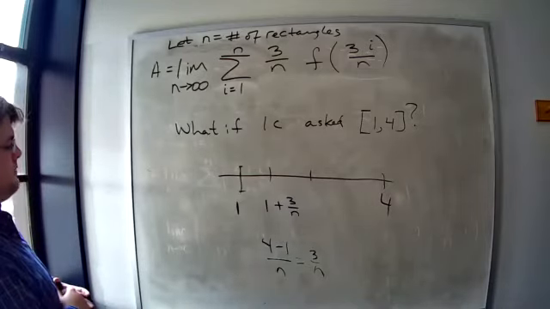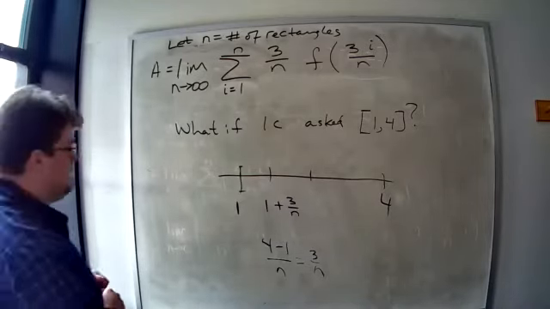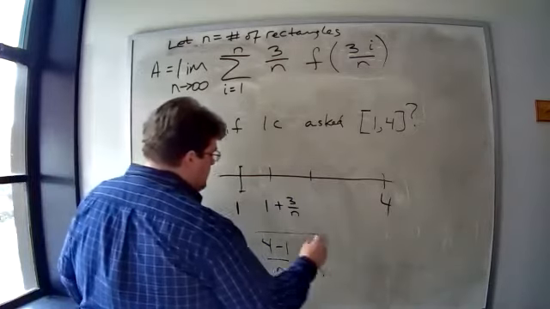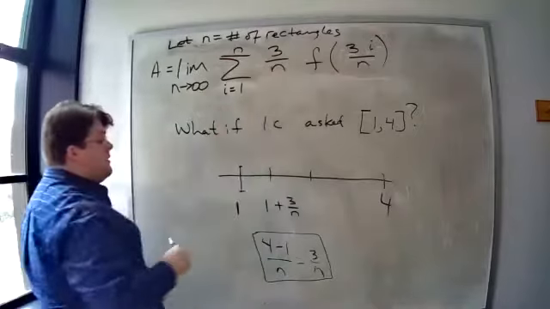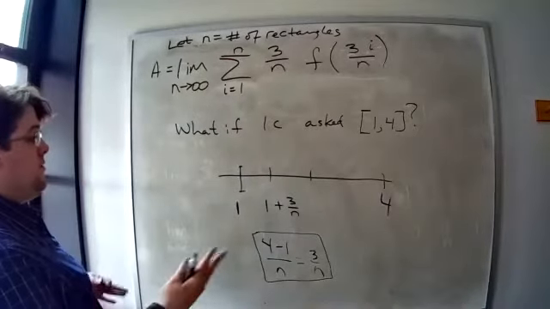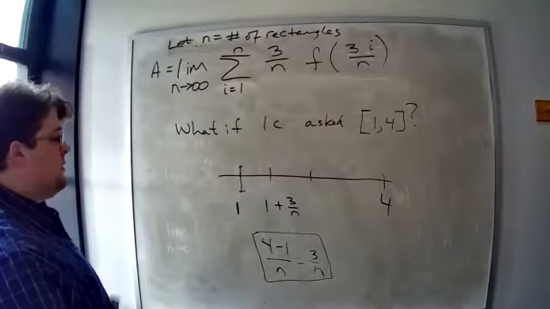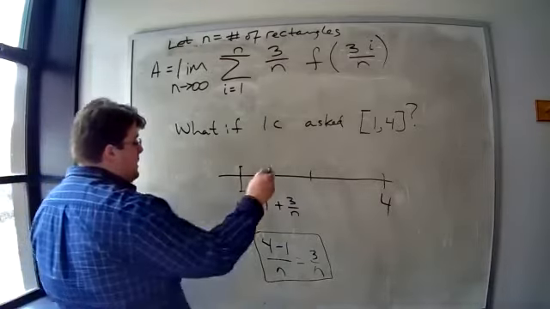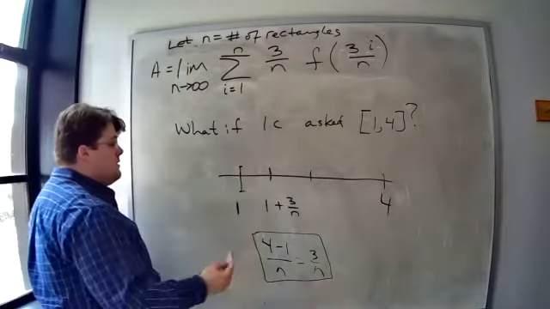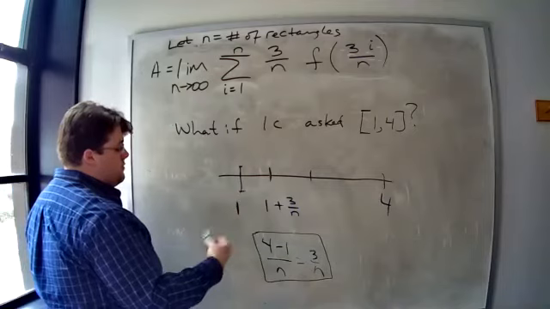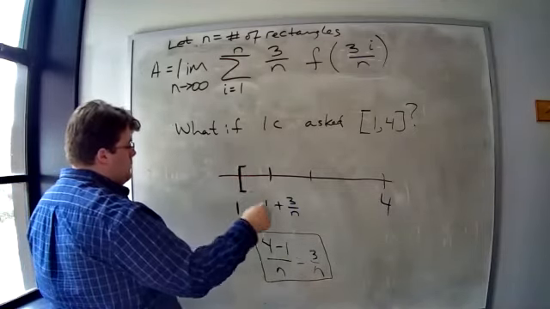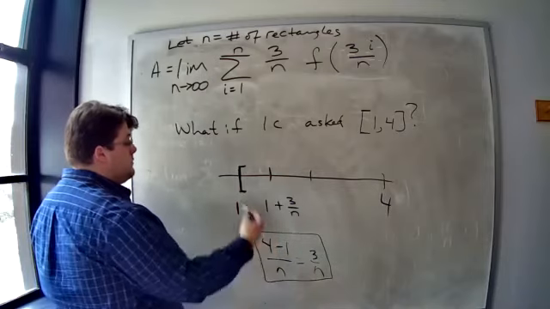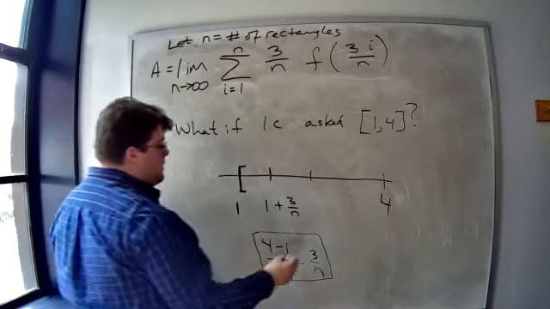So if this question asks 1 to 4, we'll notice the base of each rectangle is still going to be 3 over n. It's still an interval of length 3. We're dividing into n pieces, but this first x-axis point that we mark off, instead of going from 0 to 3 over n, we're starting at 1 and then going over 3 over n. So we have 1 plus 3 over n. What about the next one?